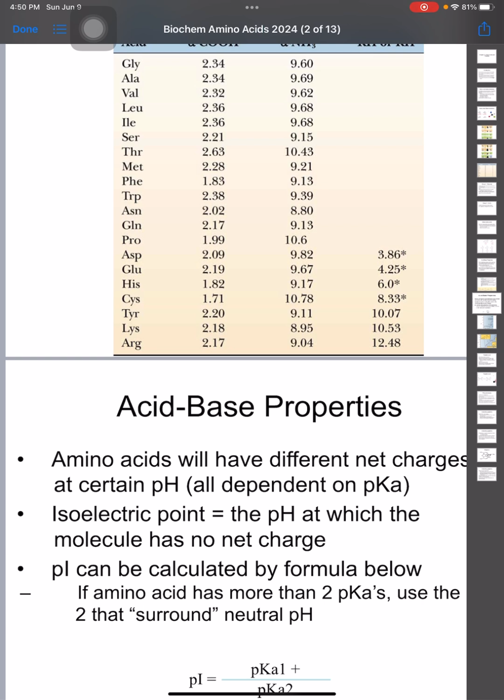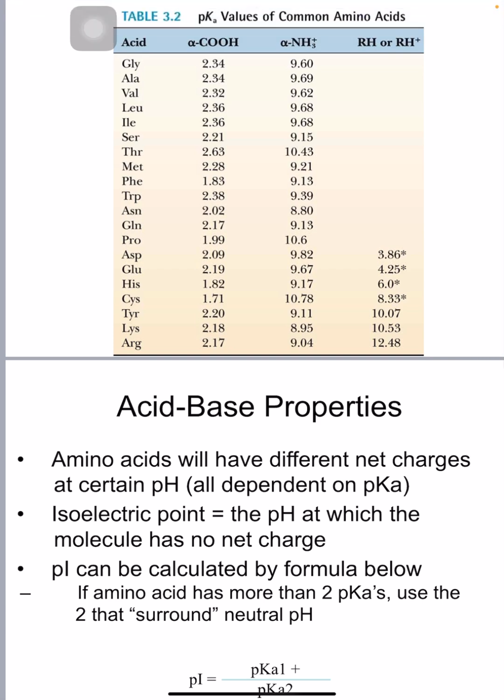The 2 pKa's that are on either side of 7 are 9.82 and 3.86, so those would be the two that you would average together. So 9.82 plus 3.86 divided by 2. For cysteine, which is CYS, the 2 would be 8.33 on the basic side and 1.71 on the acidic side. So 1.71 plus 8.33 divided by 2.